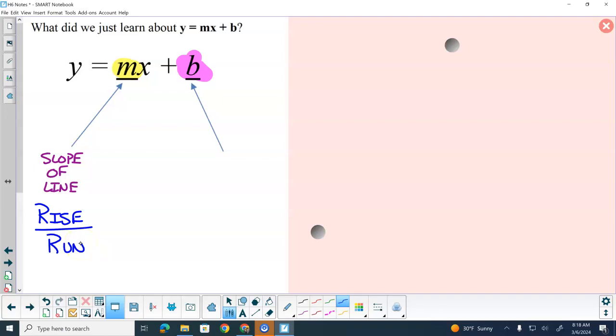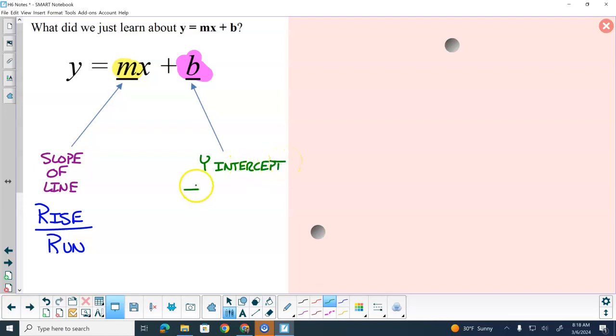And what we just learned is this number that comes after the variable is something called the y-intercept.